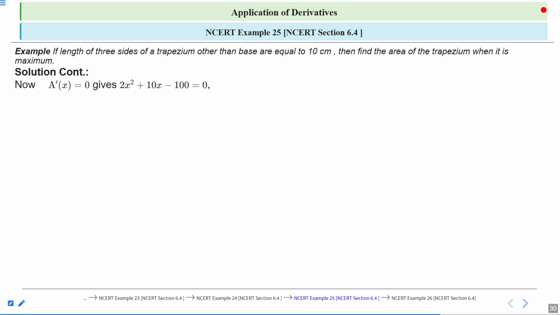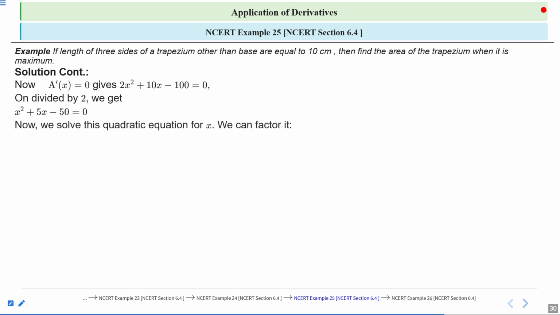Now, A'(x) equal to 0 gives 2x square plus 10x minus 100 equal to 0. On dividing both sides by 2, we get x square plus 5x minus 50 equal to 0. Now we solve this quadratic equation for x.